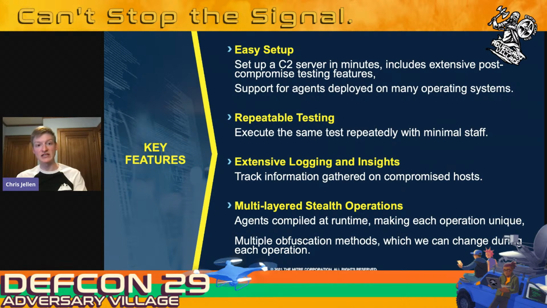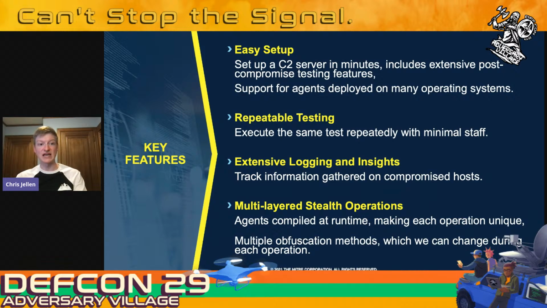And that focus, again, is on post-compromise testing. Once we have a foothold in a target network, what can we do with that? The way that we establish that foothold is through agents. Those agents can be deployed on a variety of different operating systems, Windows, Mac OS, a bunch of different Linux distros. So it's quite an extensible framework for conducting these simulations and adversary emulation techniques.